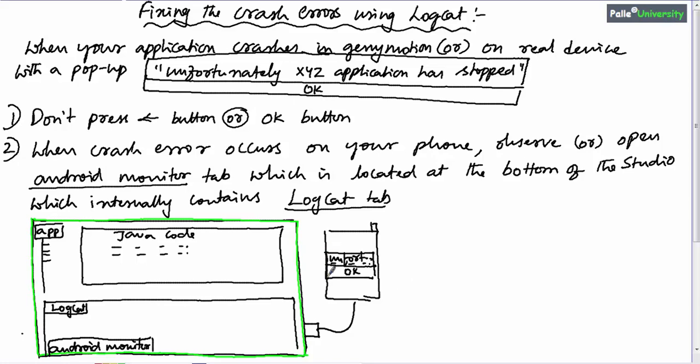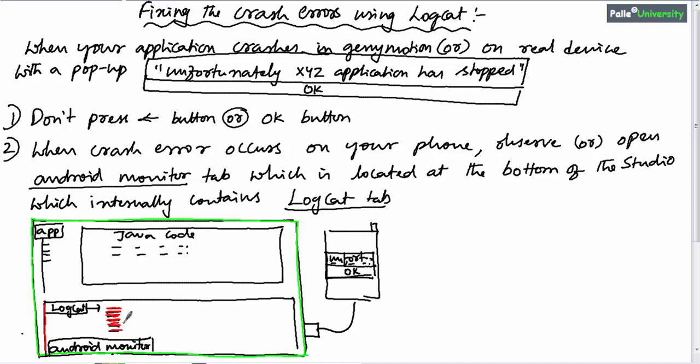Once this error occurs on your phone, automatically your Android Monitor tab with Logcat will display a lot of red color error marks. You don't have to open the Android Monitor tab manually. Whenever the application crashes in Genymotion or on a real phone, automatically this tab will come up with a lot of red color error marks.